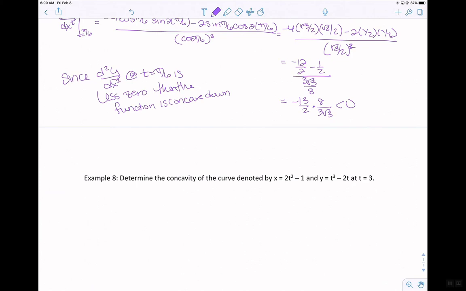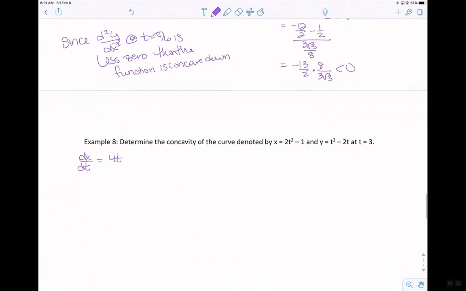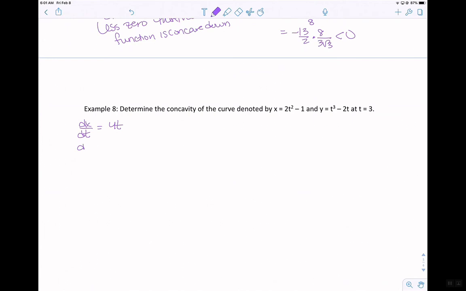Now let's determine the concavity at 3. Same process that we just did. So I'm going to find dx dt, so 4t. I'm going to find dy dt, so 3t squared minus 2.